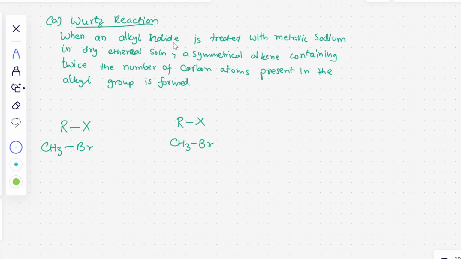We treat it with metallic sodium, so we need to take some sodium as well. It's pretty obvious that the reaction will occur in dry ethereal solution. We just write it as dry ether.